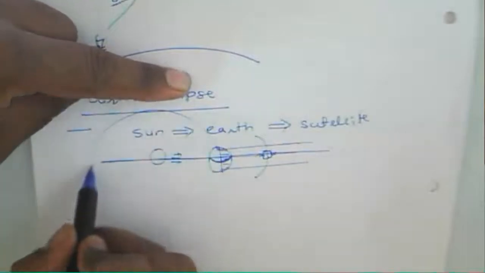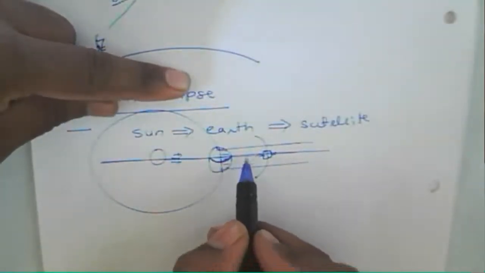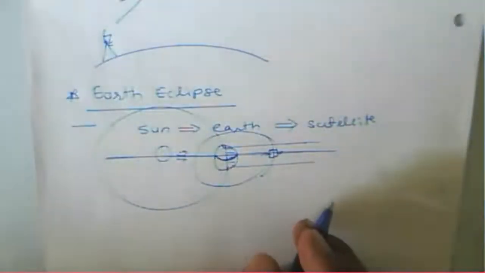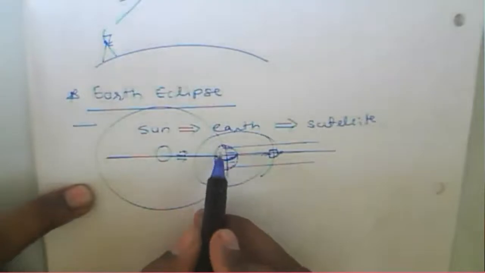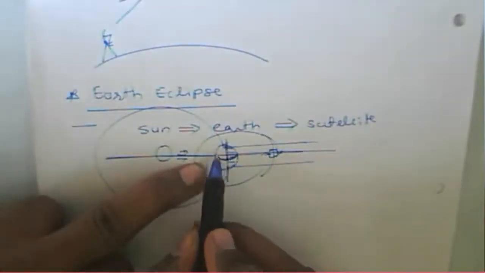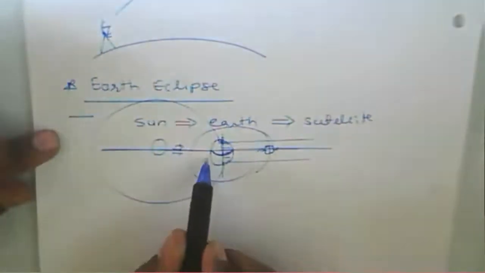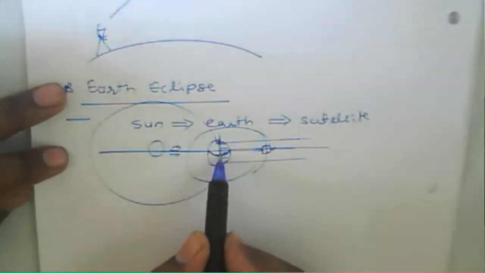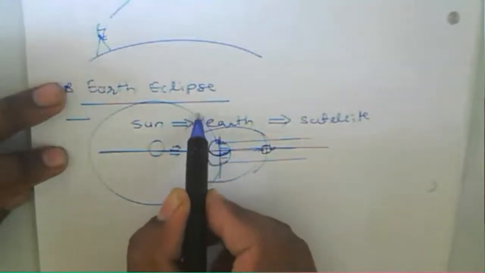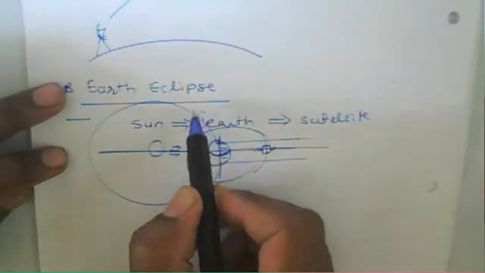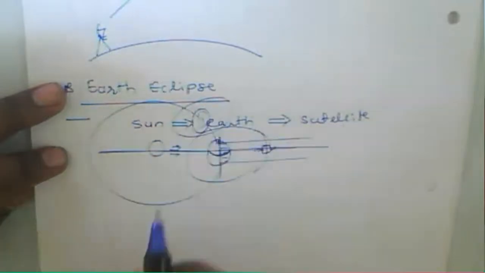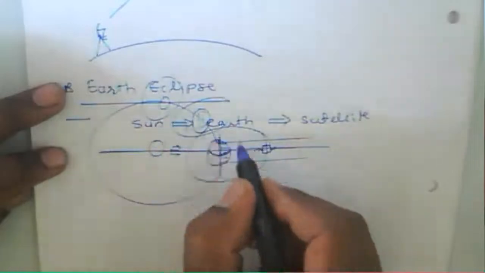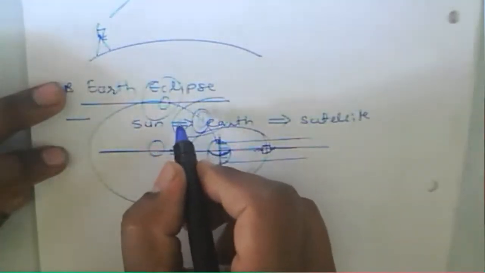Generally, the earth is rotating around the sun and the satellite is rotating around the earth. This is about the axis of rotation of the earth. Suppose the earth is here, and the satellite is rotating around it.